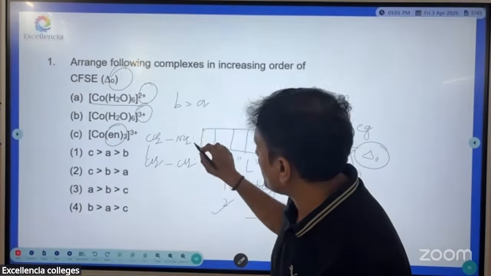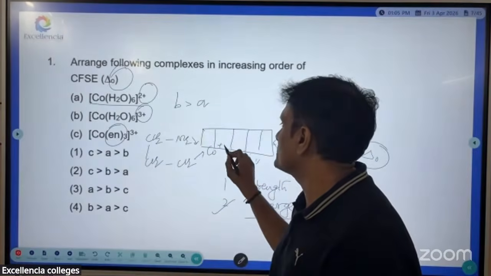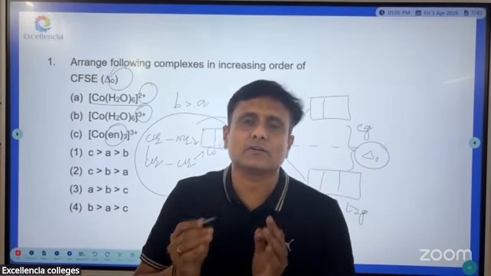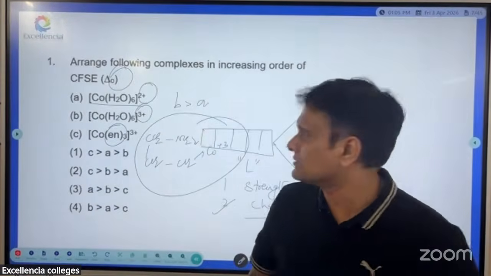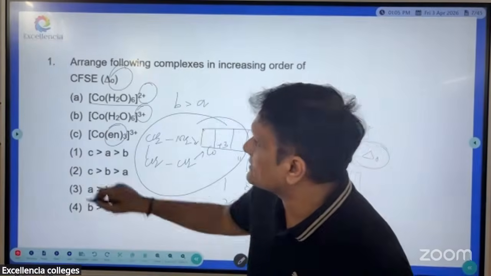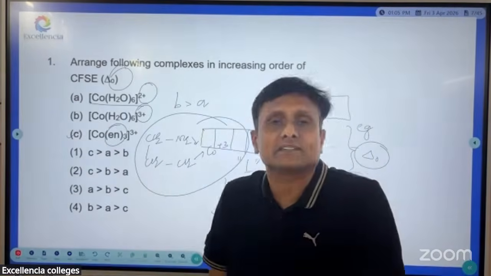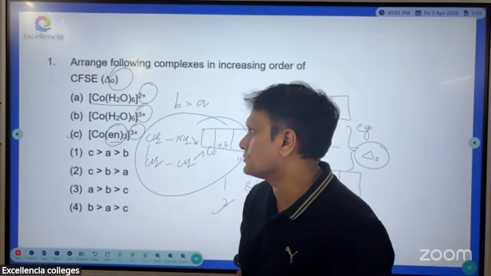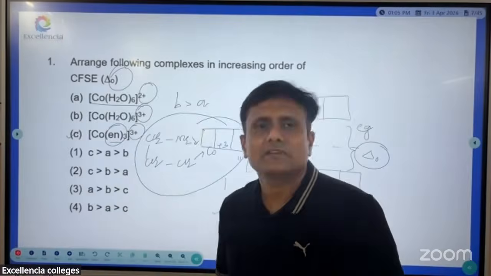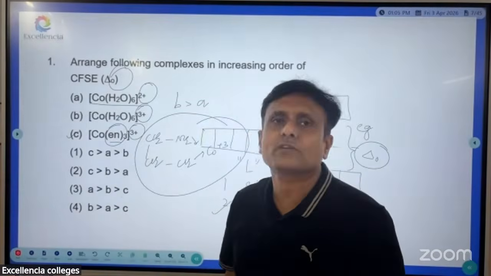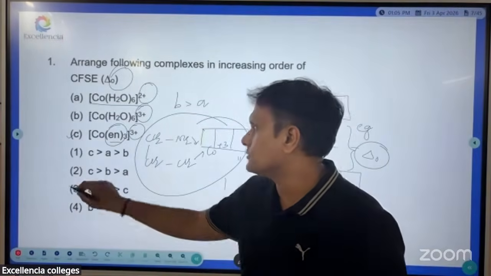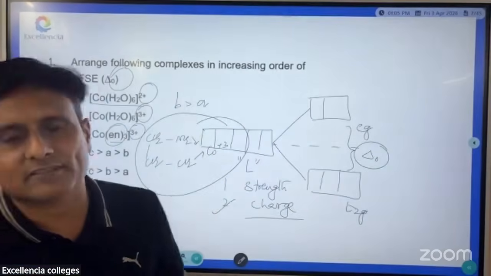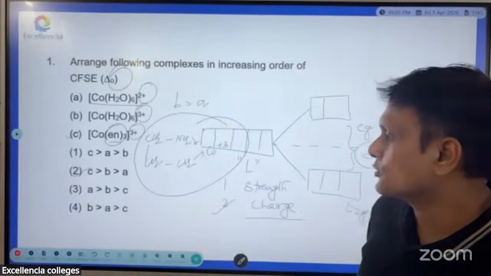It is going to form a stable 5-membered chelation ring with the central metal atom, which will make the complex very, very stable. Hence, we can clearly say that the splitting of C would be the highest because the charge is more and also the strength of the ligand indeed is more. So you can see C, then comes B, all right, because the charge is more on the cobalt, and then comes A. So you might have picked up option 2 as your right answer. What do you all say? Isn't it? Now, shall we move on to the next question?